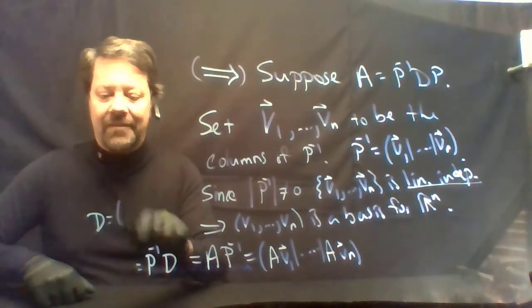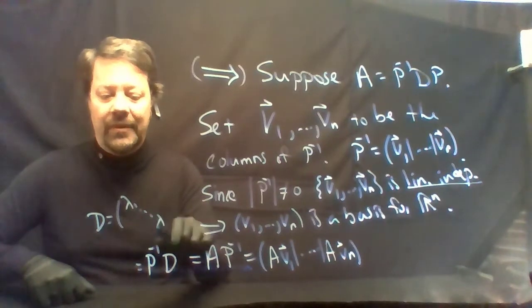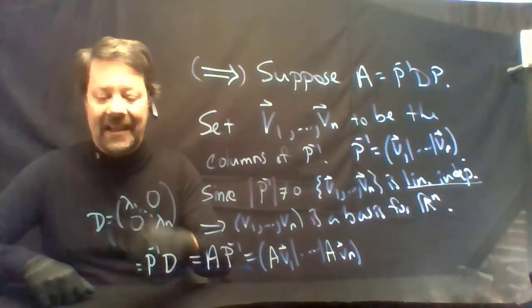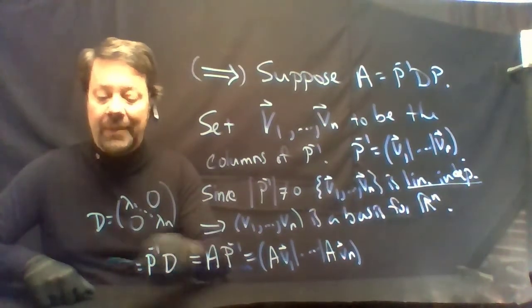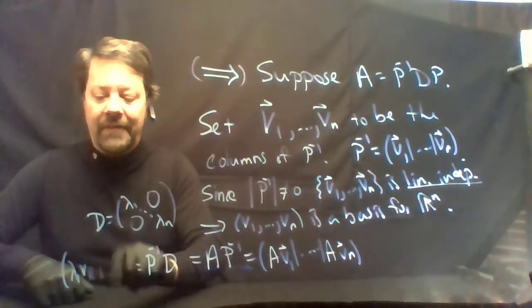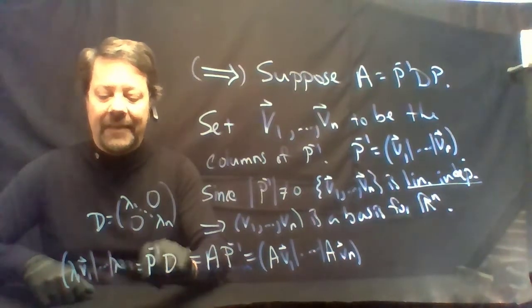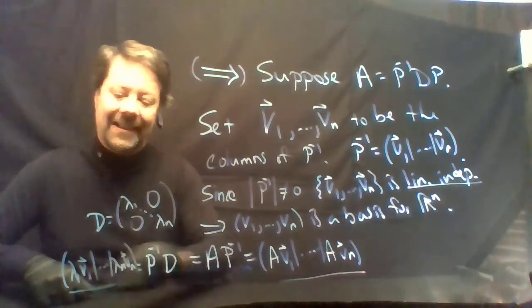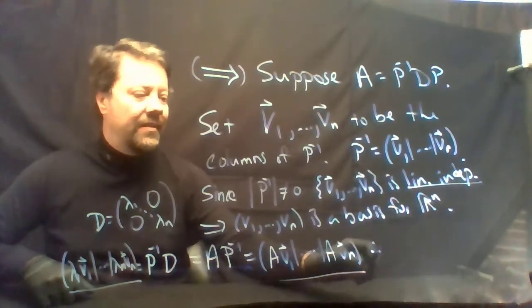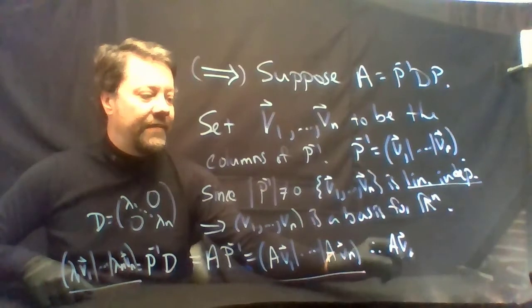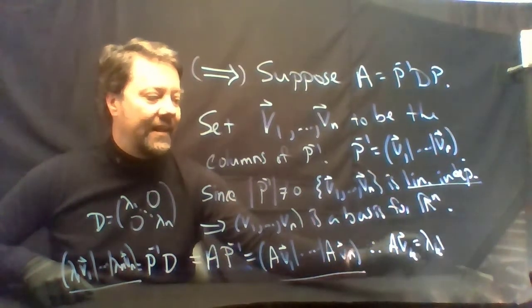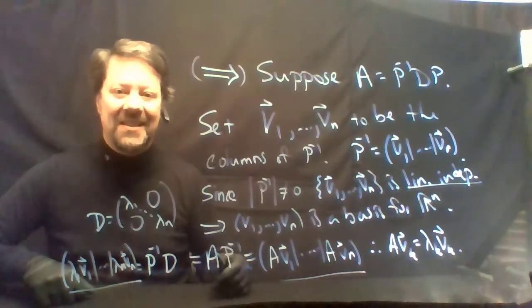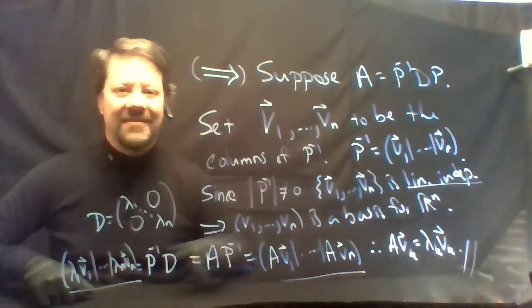Let's suppose D has the form lambda 1 through lambda n, not yet assuming that these lambdas are in fact eigenvalues. But when you do the multiplication, you'll get lambda 1 v1 through lambda n vn. Now, by equality of the columns in these two matrices, we get A vk is lambda k vk, and that implies we have now an eigenbasis. And so that's the end of the proof.